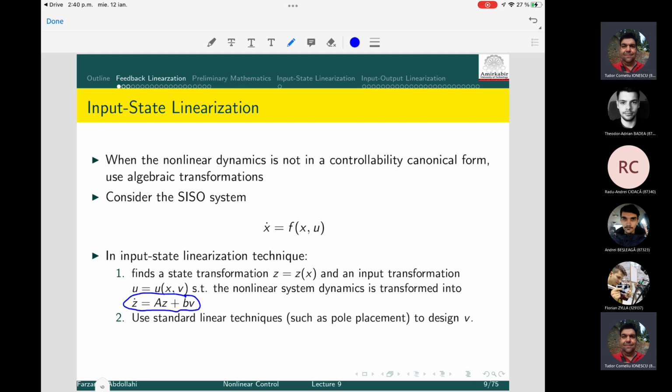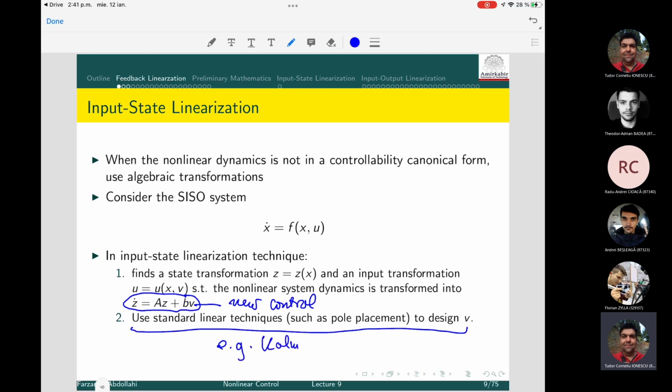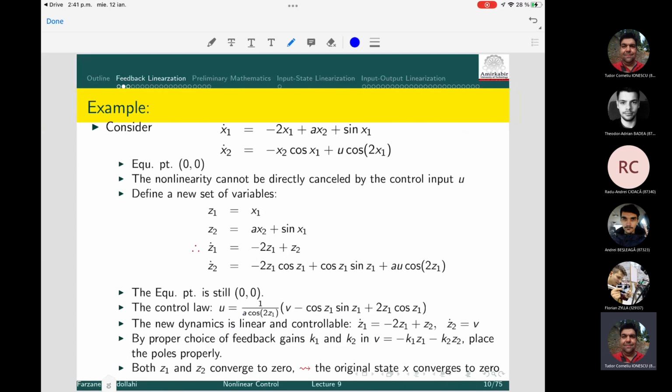And then once you have this new control, you apply the linear techniques, e.g. Kalman controller, Kalman filter. So this is essentially the procedure we want to develop.